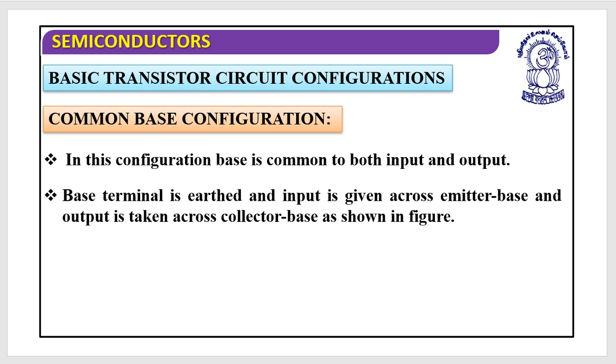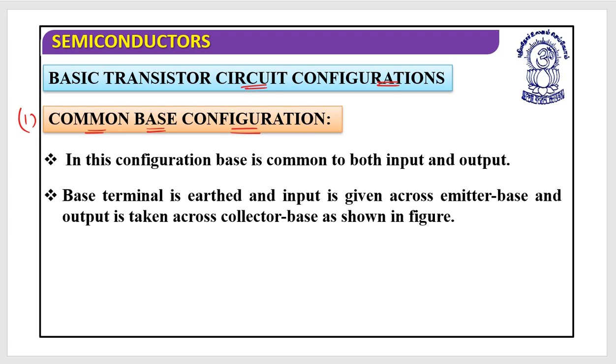We have basically three basic transistor circuit configurations. One is the common base configuration, another is the common emitter configuration, and last but not least, the common collector configuration. We will start our discussion with the common base configuration.